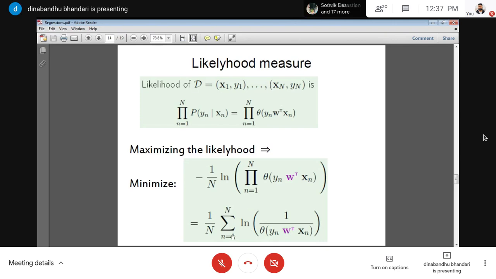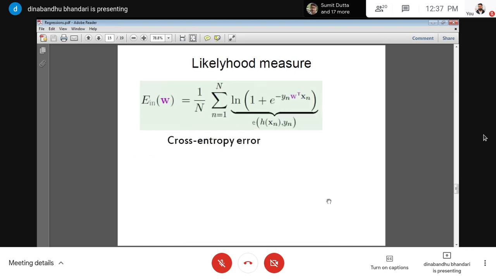Fortunately, this is a very known function to us. Cross entropy function, which we use in several deep learning algorithms. So the likelihood measure is nothing but you just minimize this one, and this is the cross entropy error. Very famous one, and it has very nice properties as well.